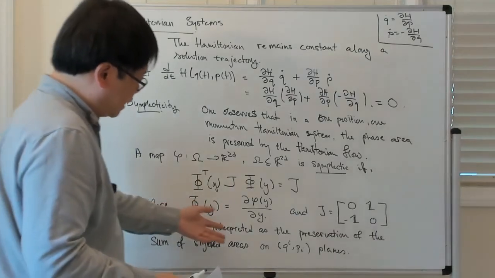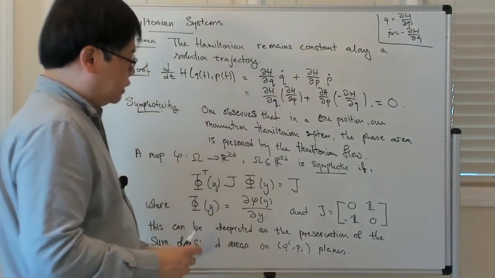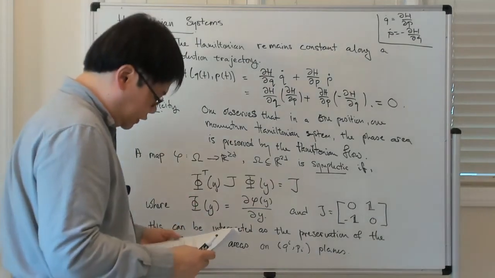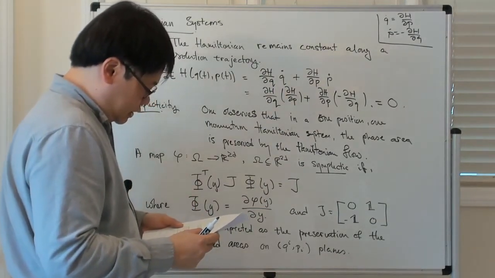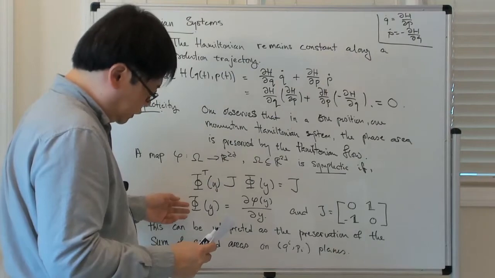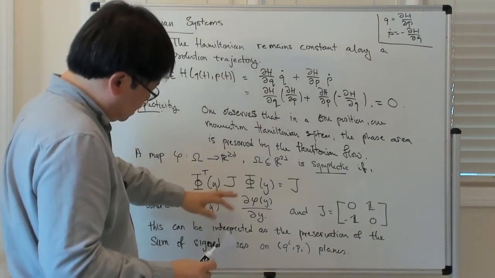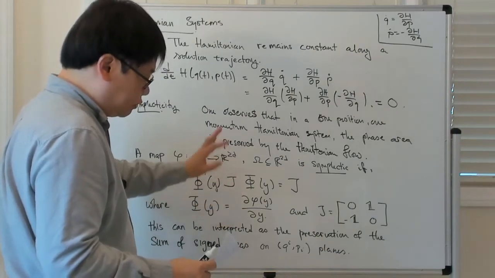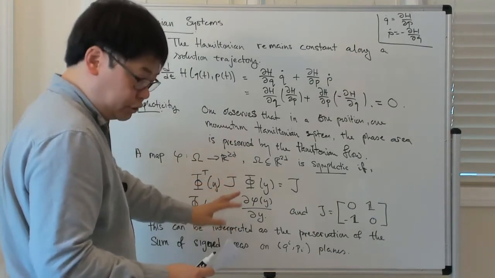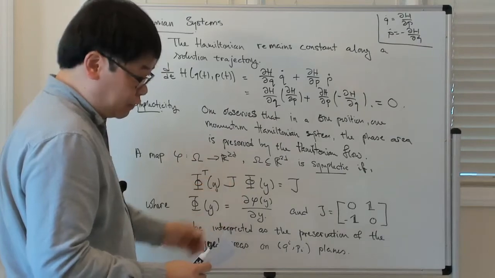In particular, one consequence is that the Hamiltonian flow, which is symplectic (we'll show it's symplectic), is also volume preserving.